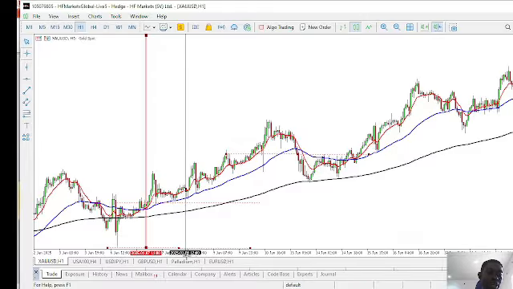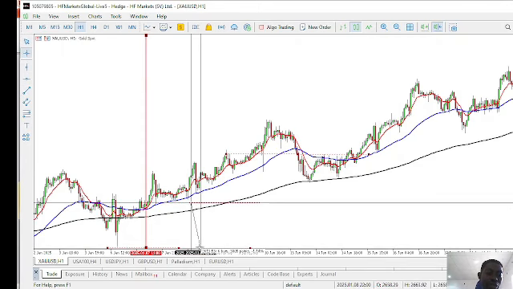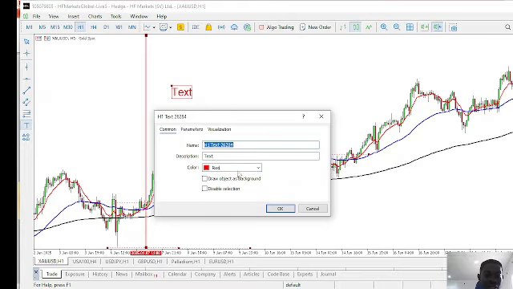And let's calculate something. From my entry to my stop loss, how many pips is this? This is 300 pips. So my risk is 300 pips.